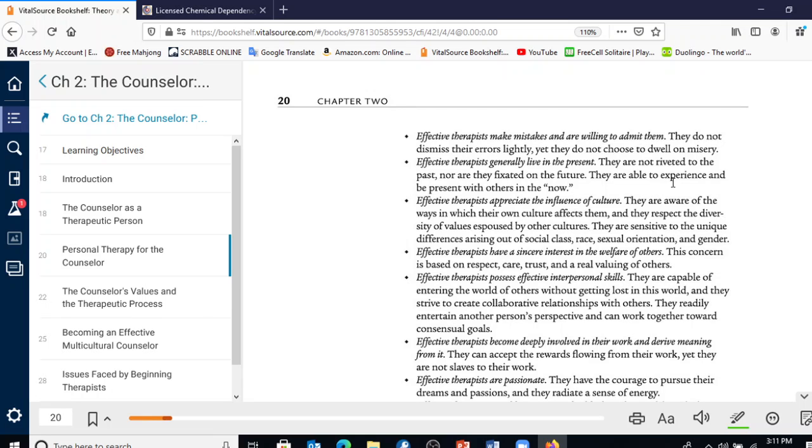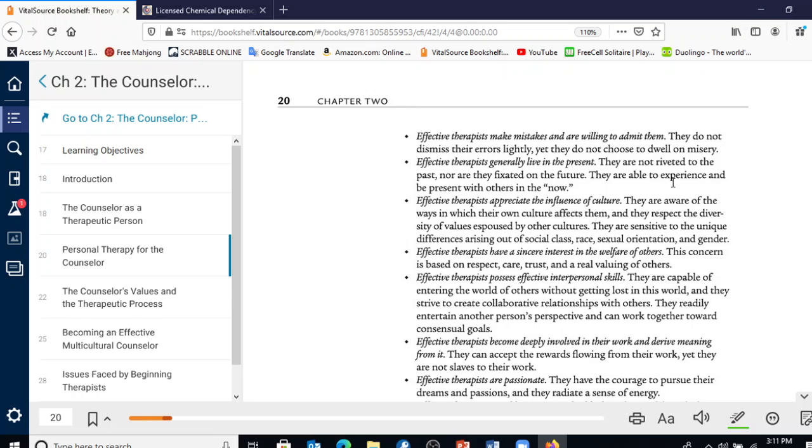But it doesn't have to be. So conditioning yourself to be sensitive and accepting of people who come from different social classes, races, sexual orientations, gender identities, etc., is important. We'll talk about cultural humility a little later on, but that's important.